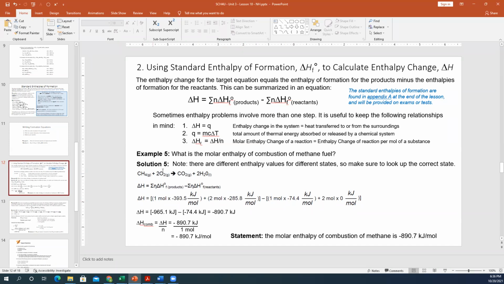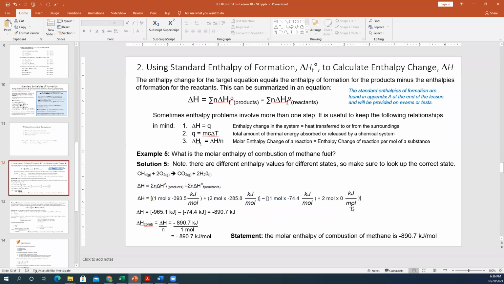And our reactants were methane and oxygen. So 1 mole for methane and 2 moles for oxygen. Methane, the value of formation is minus 74.4 kilojoules. And for oxygen, it's 0. 2 moles times 0 kilojoules per mole.